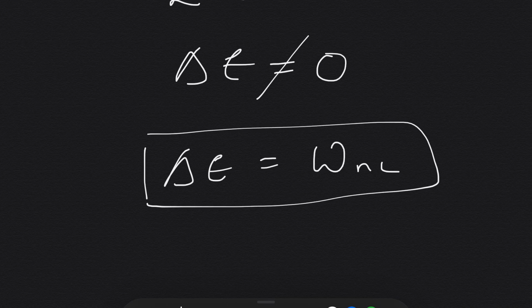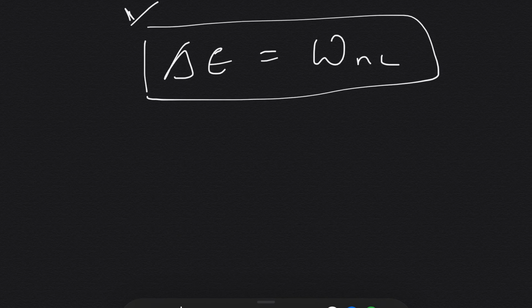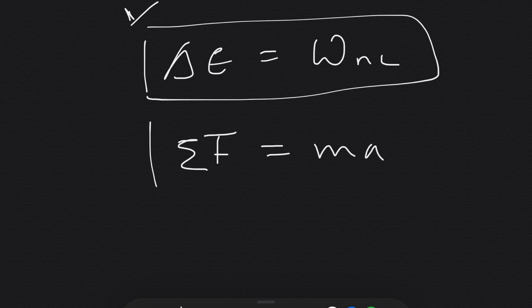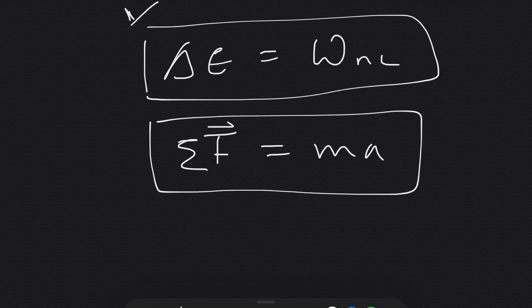So this is important. And this equation is actually going to help you a lot. In fact, I would say that this equation in many ways is equivalent to this equation that we had earlier. The difference between these two equations is that energies are scalars, and the force and acceleration are vectors.